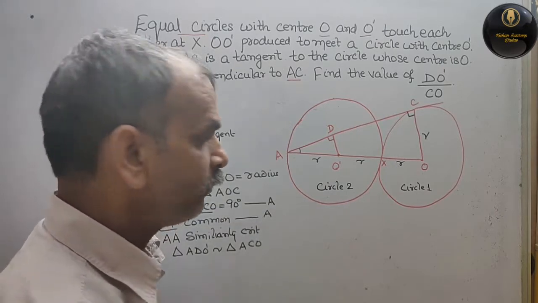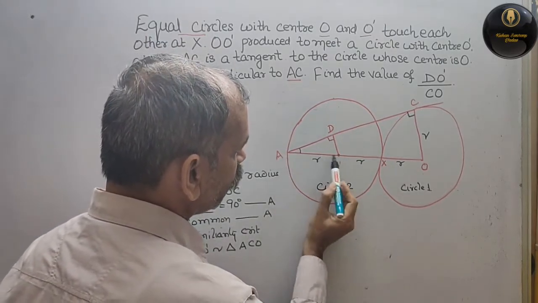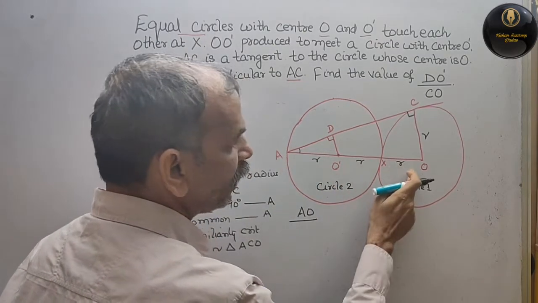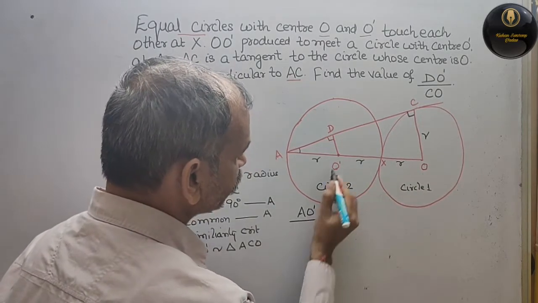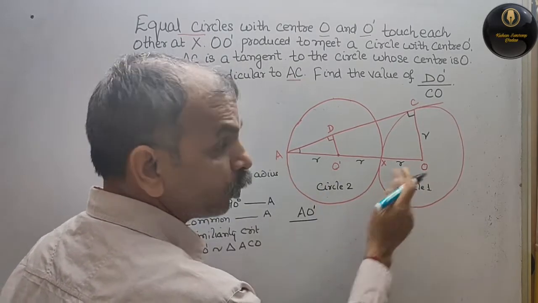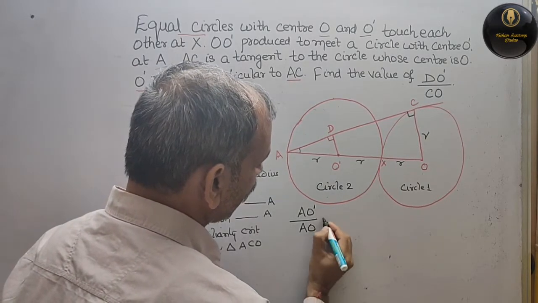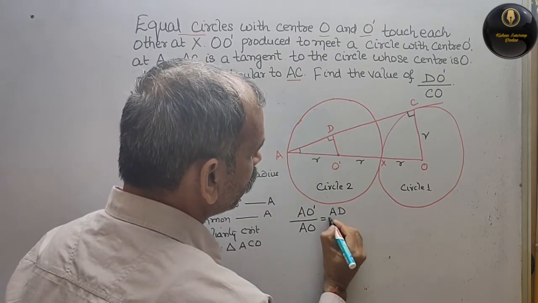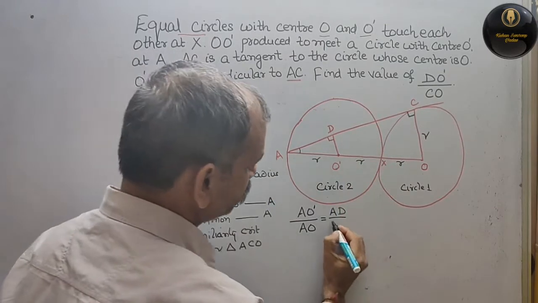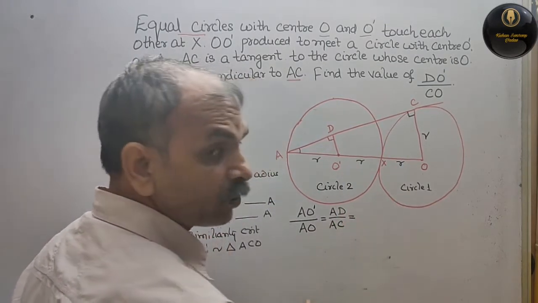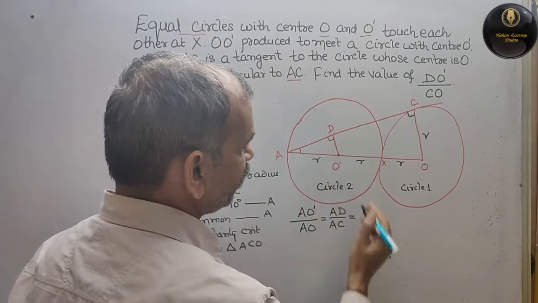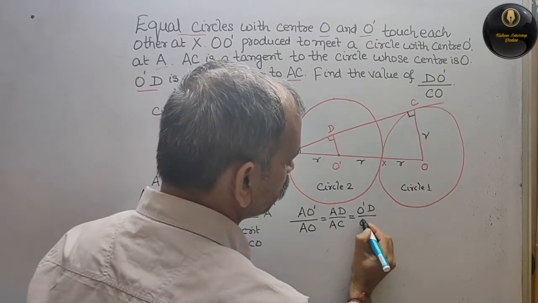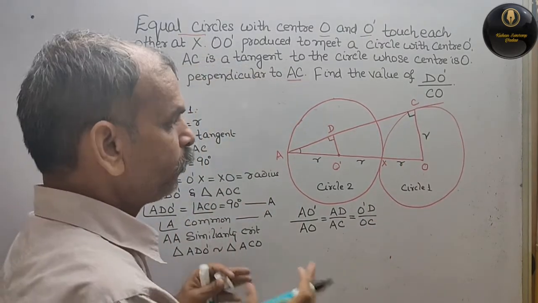So what happened? Just we will write. Now we can say AO dash by AO, that is equal to AD by AC, that is equal to O dash D by OC. Now put the values.